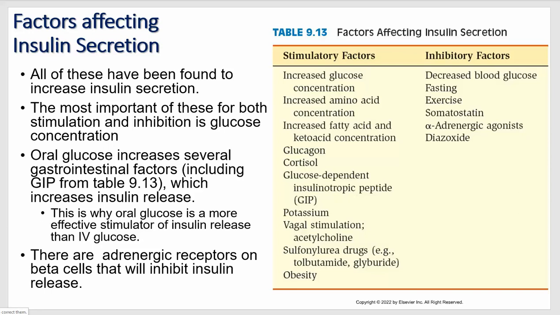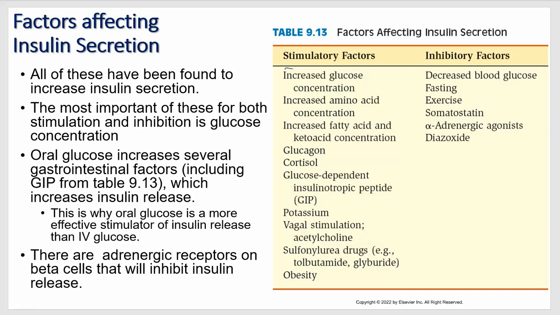So, factors affecting insulin secretion. These are stimulatory factors that have been found to increase insulin secretion, and that's just something that has been tested. So all of these have been found to do that. The most important of these for both stimulation and inhibition is glucose concentration.